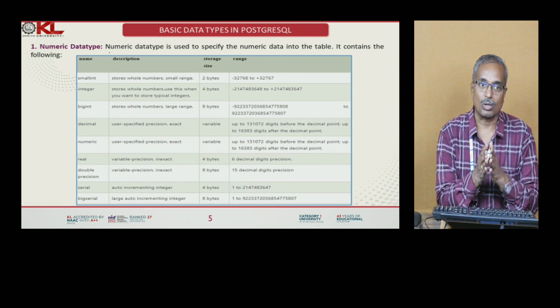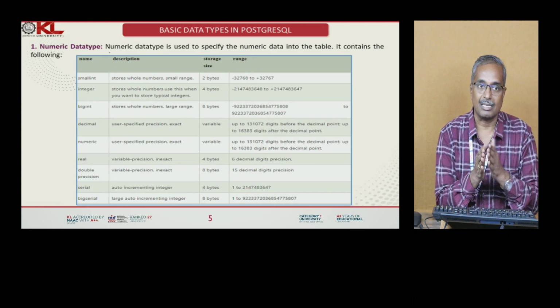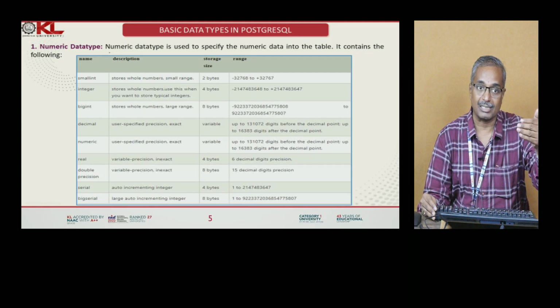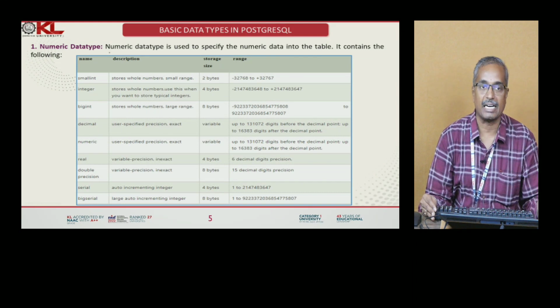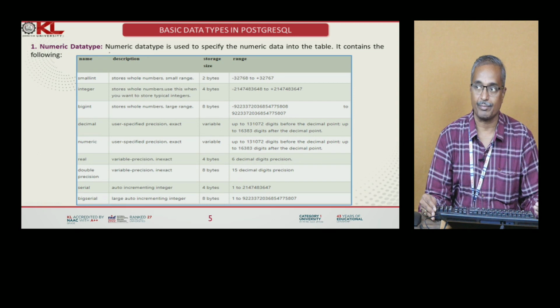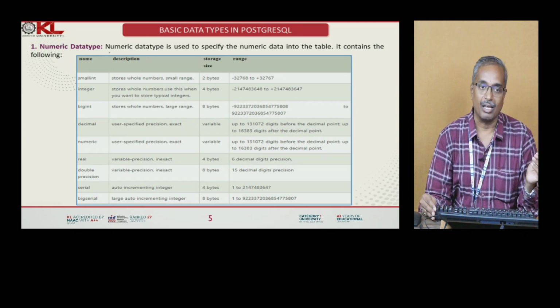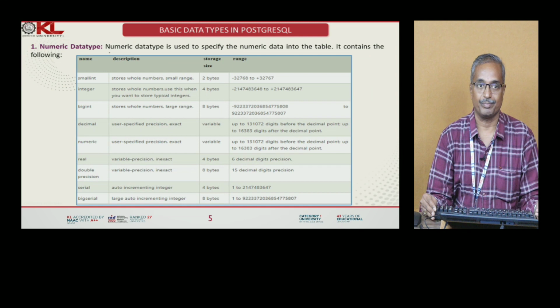To work with numeric data types, PostgreSQL gives this list of different data types. If you go through this table, you can understand there are different data types: small integer, integer, big integer, decimal, numeric, real, double precision, serial, big serial.